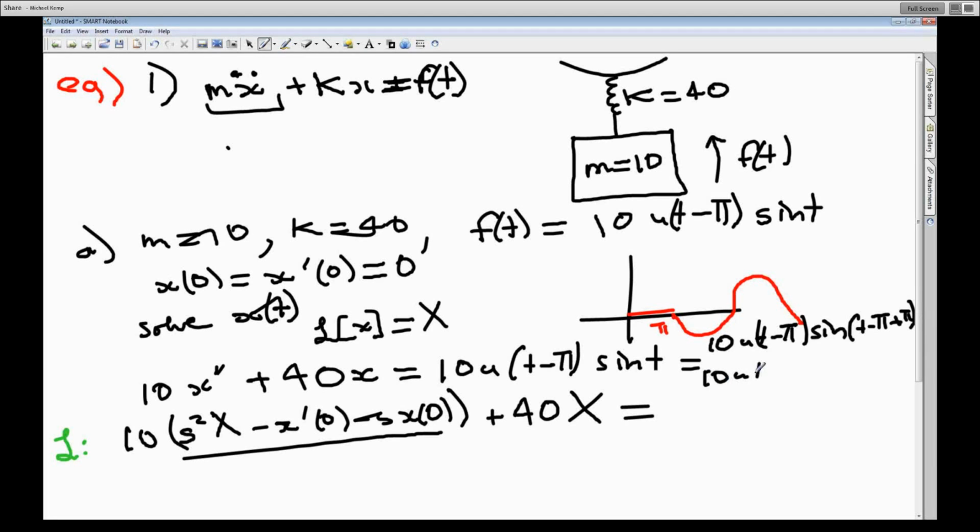And in order to work with it in the Laplace transform, it's good to simplify it. So sine of t minus pi plus pi, well, if you do sine of something plus pi, it ends up being minus sine. So what this is saying is that the step function times sine t is really minus sine being shifted.